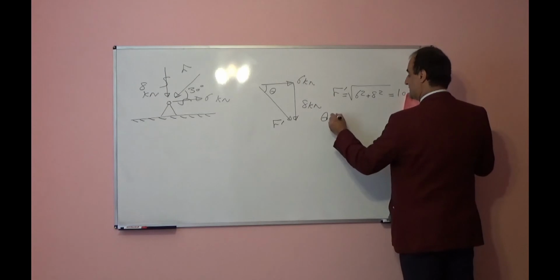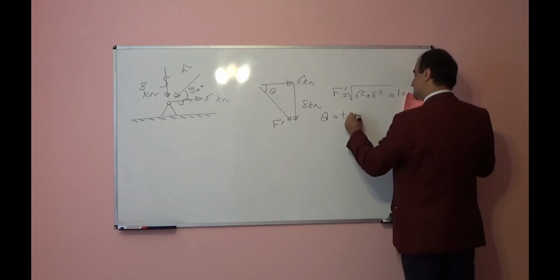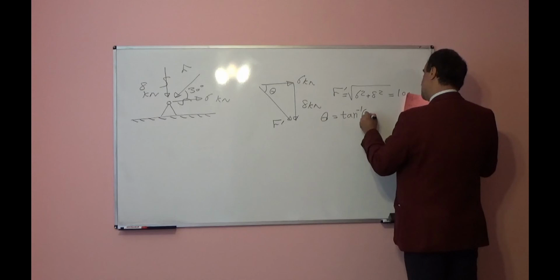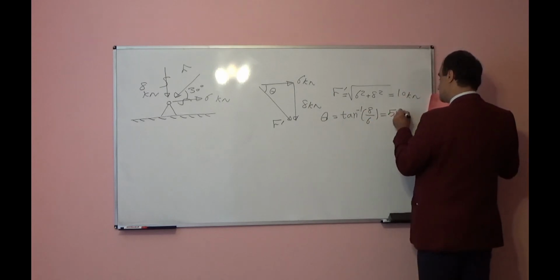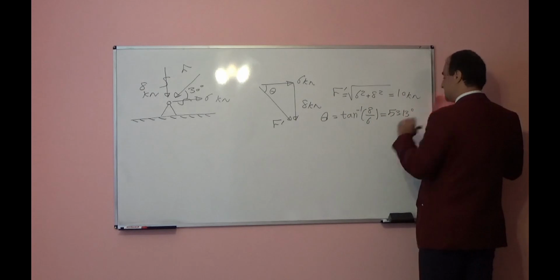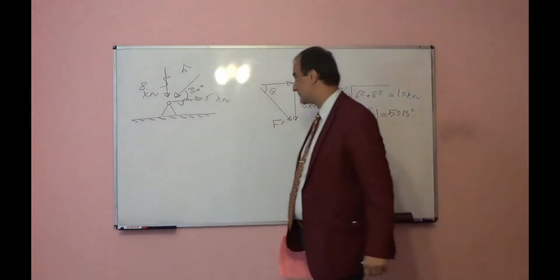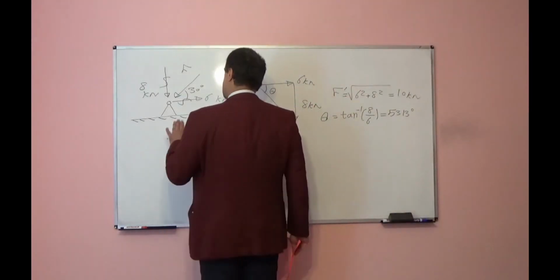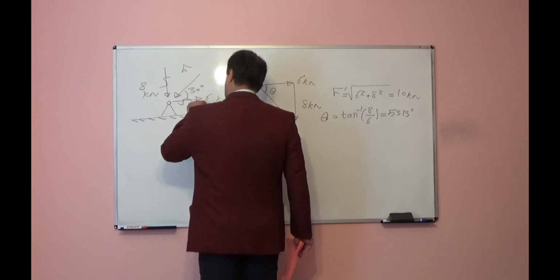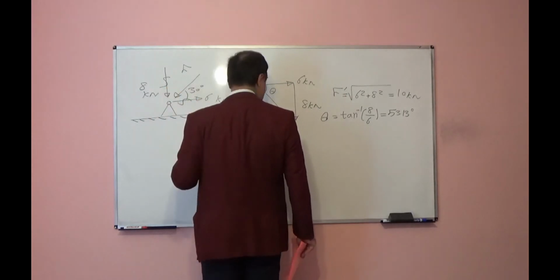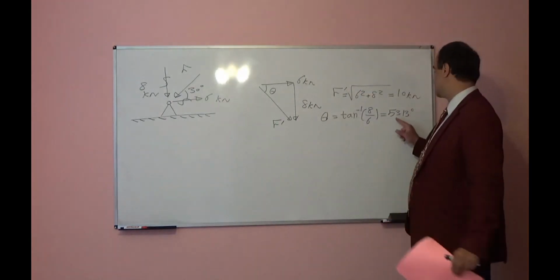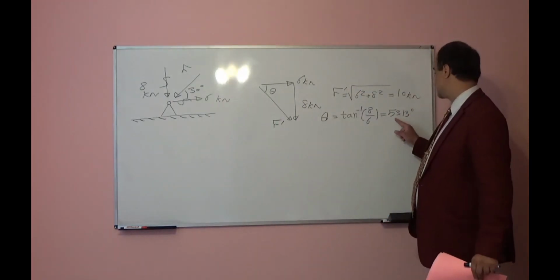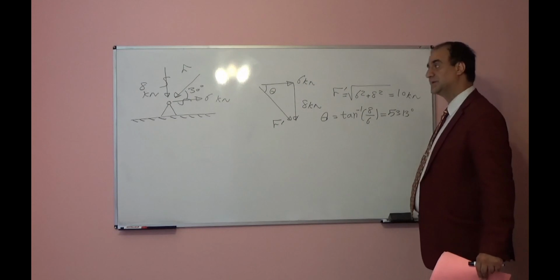And theta will be equal to inverse tangent of 8 over 6, that will be 53.13 degrees. So now I found the resultant force for 6 and 8: the magnitude is 10 kilonewton, and the direction with horizontal is 53.13 degrees.